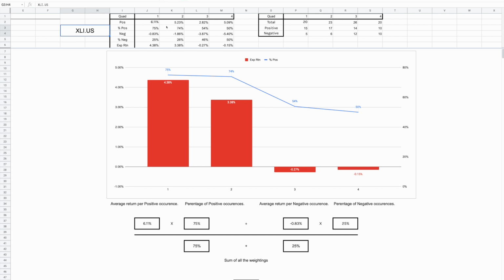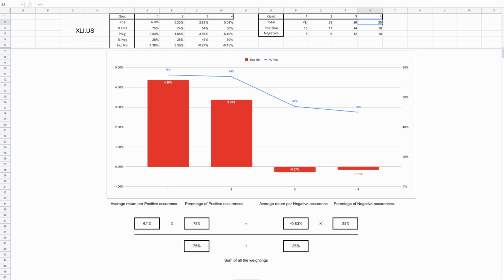So what do we have to do? So for XLI, the data that goes back for us, these are the total number of quads that it's seen, okay? So there's 20 quad 1s, 23 quad 2s, 26 quad 3s, and 20 quad 4s, okay?